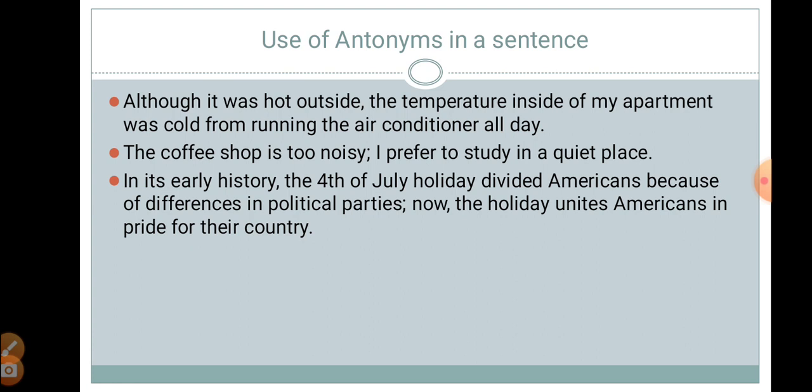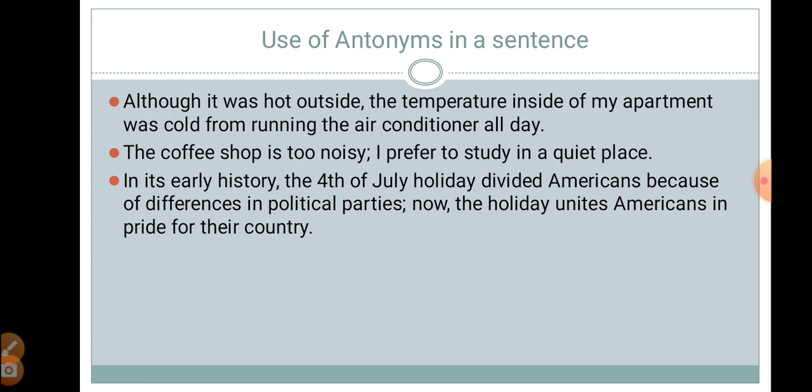You see, when you said although it was hot outside, the outside of your apartment, outside of your building, outside of where you stay is what? Hot. The temperature inside of my apartment, that is the temperature of your room, the temperature of your house, was cold.